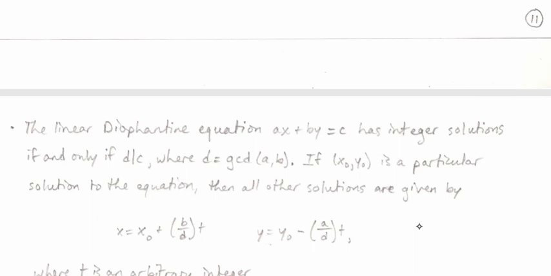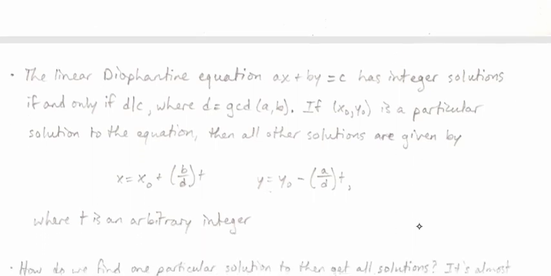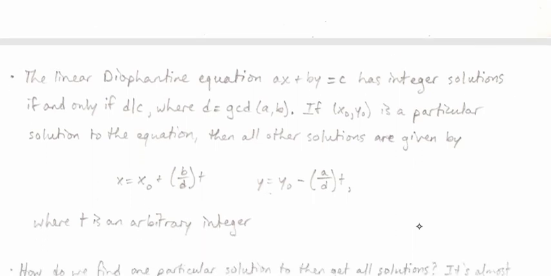And there's a separate equation for the x's and a separate equation for the y's. Any x value is of the form x naught, the one x value that you found, plus b over d times t. Again, d is the GCD of a and b. And y is equal to y naught, your specific y value that you found, minus the quantity a over d times t. And t is an arbitrary whole number.